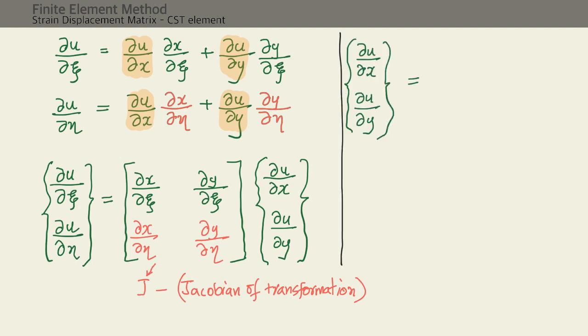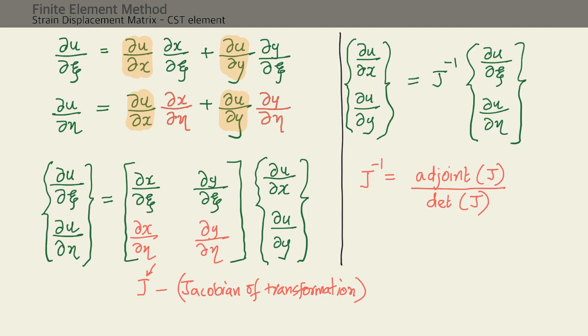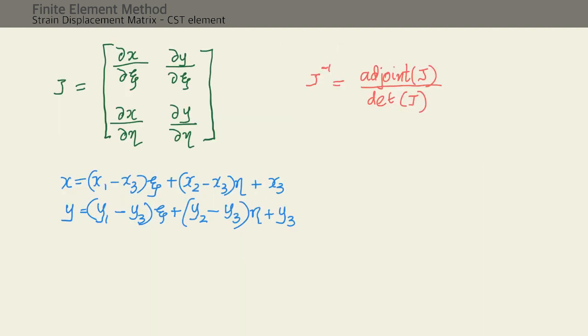So dou u by dou x and dou u by dou y is equal to J inverse of dou u by dou psi and dou u by dou eta, where J is this matrix. Now we need to find J inverse. The inverse can be calculated as adjoint J by determinant J. Before finding the inverse, let us first determine these derivatives.